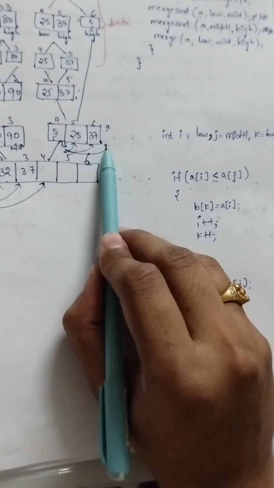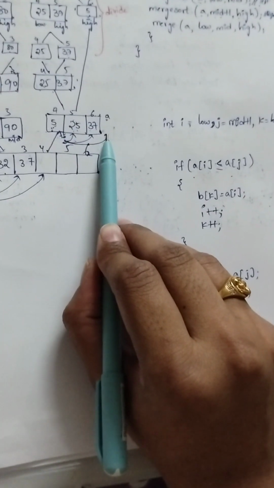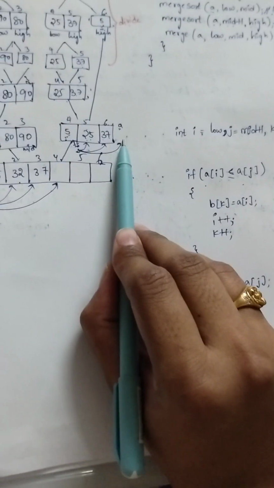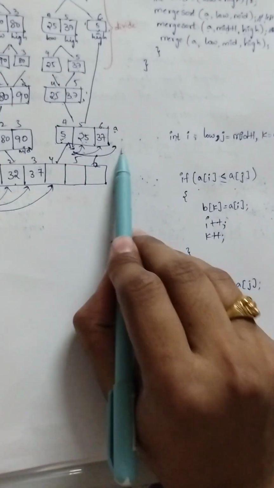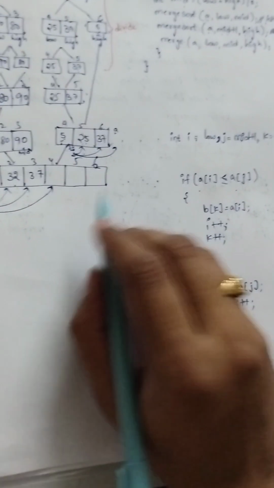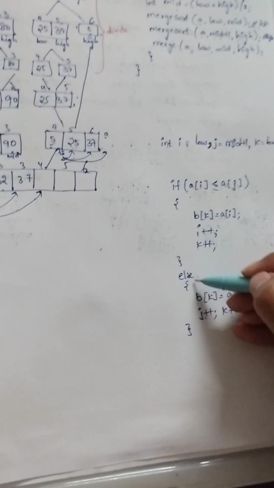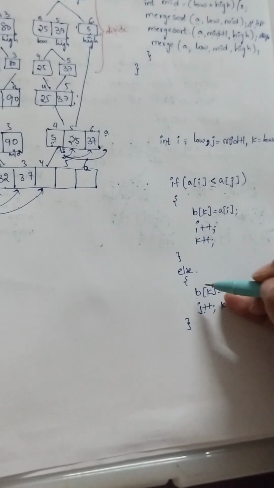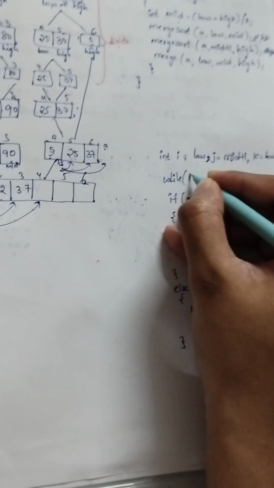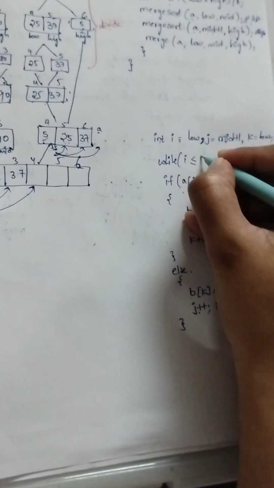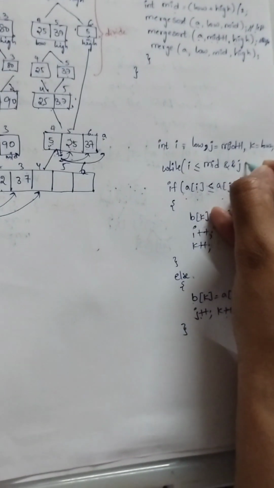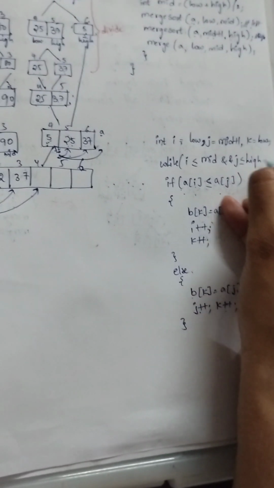So now is there any element here for making comparison? No, it is like out of this subarray. J is now pointing to out of this subarray. So there should be a condition like if this happens, we should not make comparison. So how we are going to write that one? These two things should perform only when the condition is true, so while I is less than or is equals to mid, logical and, j is less than or is equals to high.